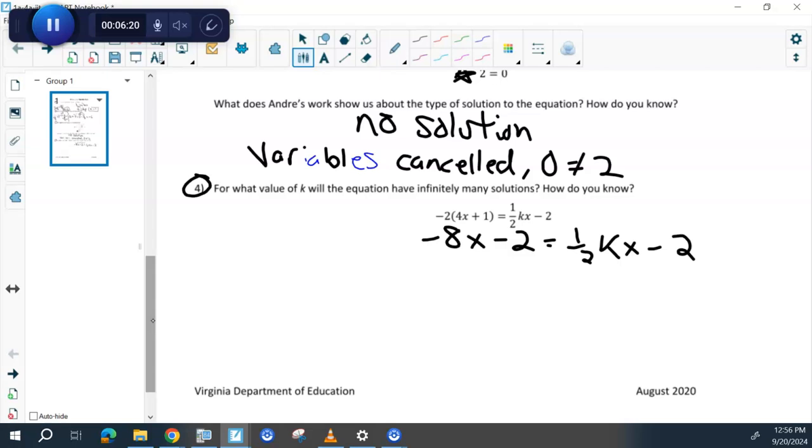Then the question says this is going to give me infinitely many solutions, which means the sides should be equal. They should be the same. Well, the negative 2 part is already the same. So if this 1/2 k became something that was a negative 8, I could set those equal to each other and solve for k by multiplying both sides by 2.